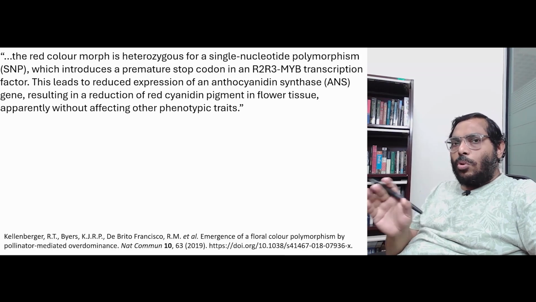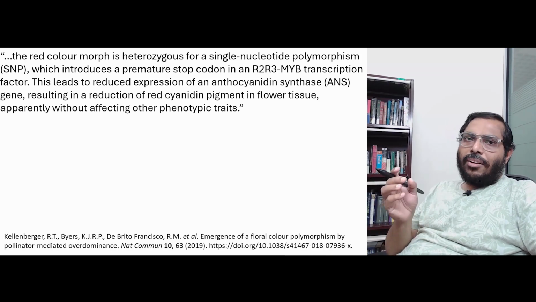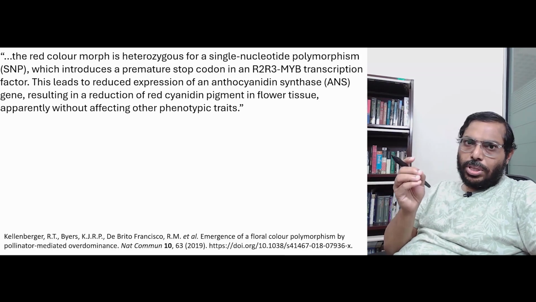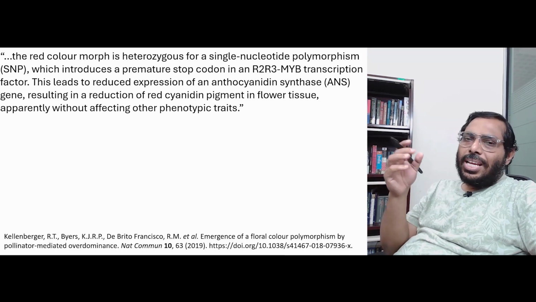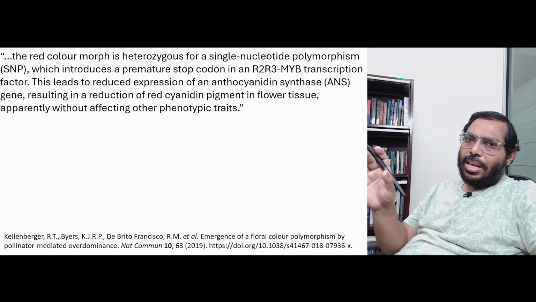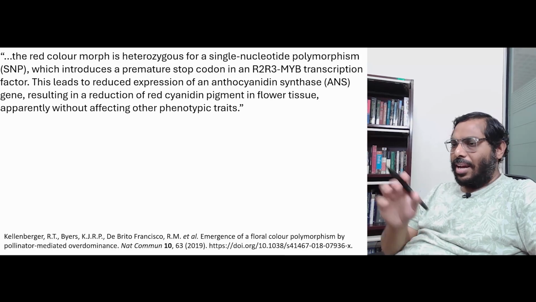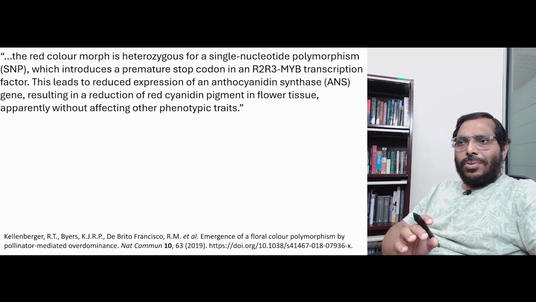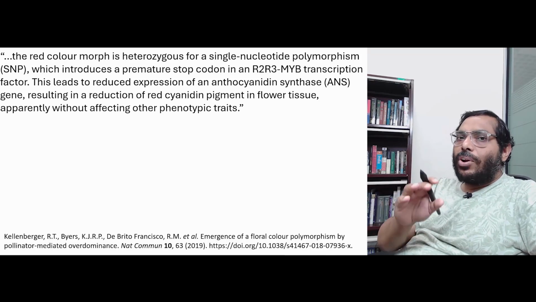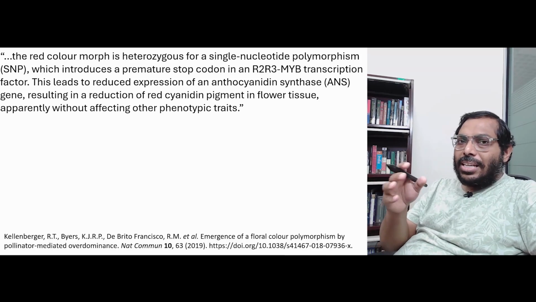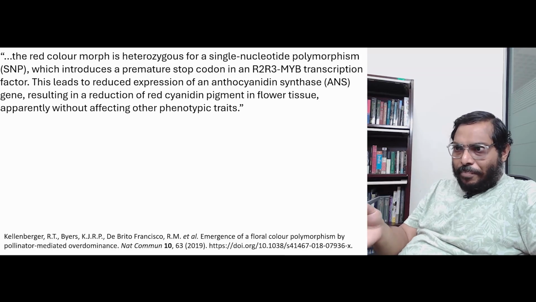And the ones which are homozygous for the mutation have both copies of the allele as the faulty one, and therefore they produce the least amount of red cyanidin pigment, and it is a very light color. Now, till this point, there is no difference between the three phenotypes except for the color. As I said, this does not affect any other phenotypic trait.